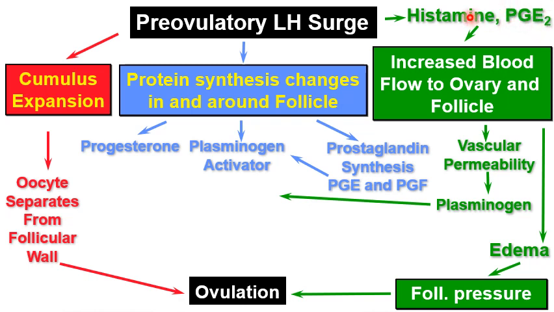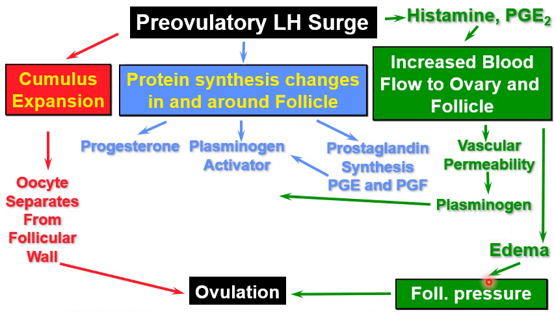The histamine will increase the blood flow to the ovary and the follicle, and it will ultimately lead to edema. Because of edema, the follicle will become bigger because it will take up fluid.